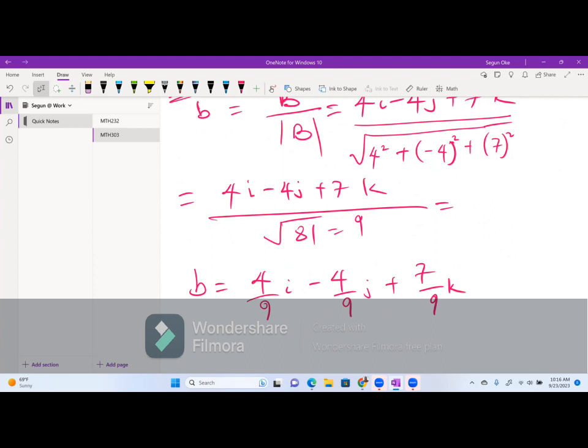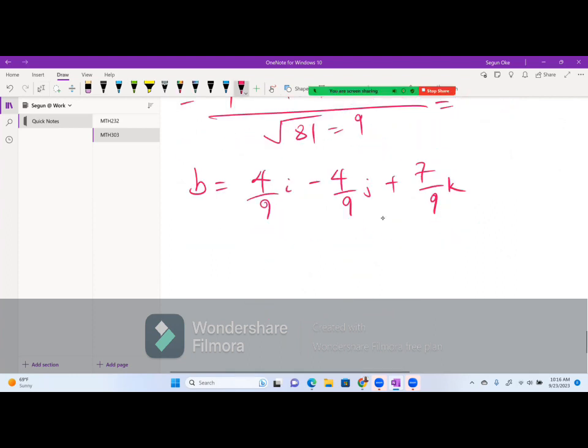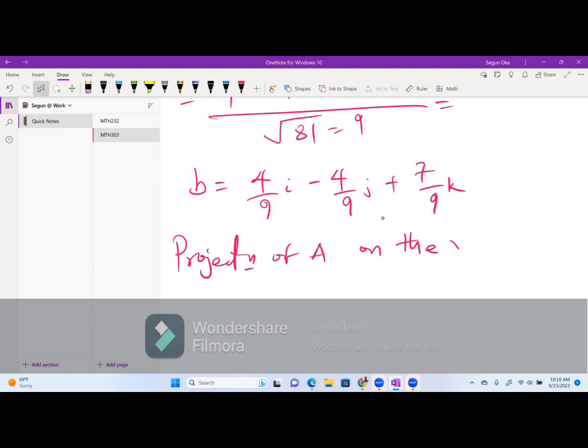Now, let's look at the projection of A on the vector B, which is the same thing as A dot unit B. Don't forget, unit vector of B, not capital B now.